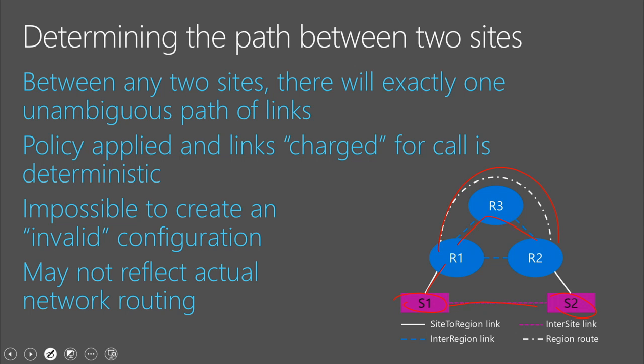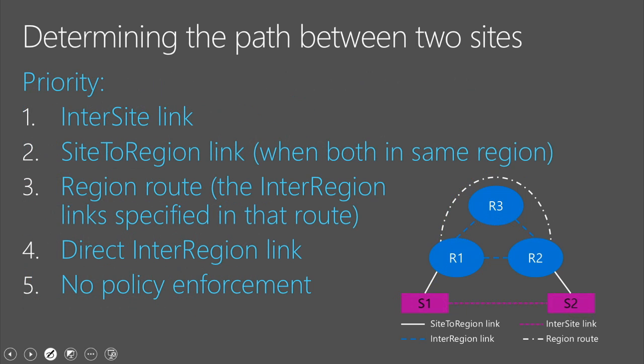Even though it looks like there are multiple paths, Skype for Business will always know which path to use based on this priority. If there is an inter-site link directly between them, we'll use that. If that doesn't exist, then the next thing would be to use site to region links.